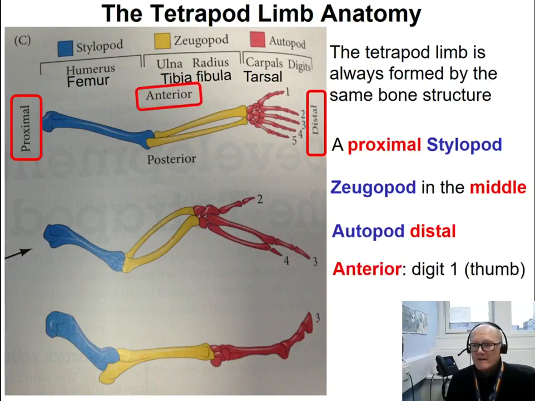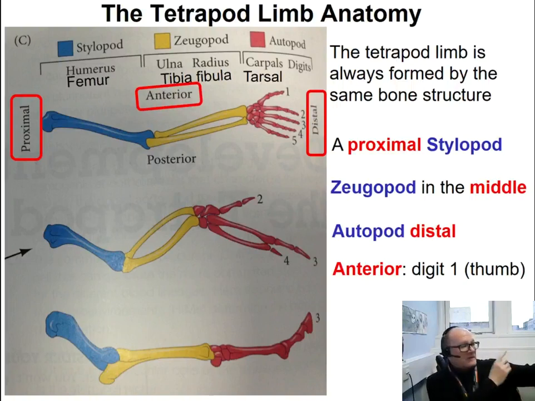Now, another axis that we need to define is the anterior-posterior axis. The anterior-posterior axis is kind of easy to define. If you extend your arm laterally and you look at your hand, you will see that the first digit, which is the thumb, will point over your head. So that region of the arm or the limb is the anterior part of the limb.